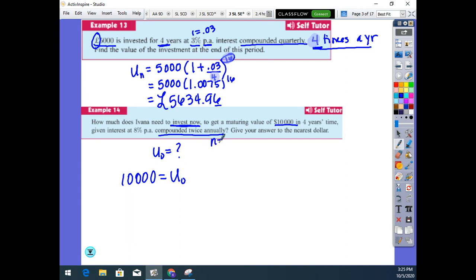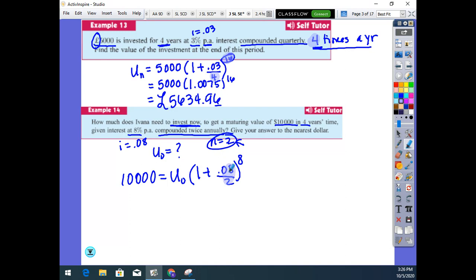Twice annually means N is 2 here. My interest rate is 0.08. So I take 1 plus my interest rate divided by 2, my N, raised to my N times 4 years, which is 8. So I really use this number twice.